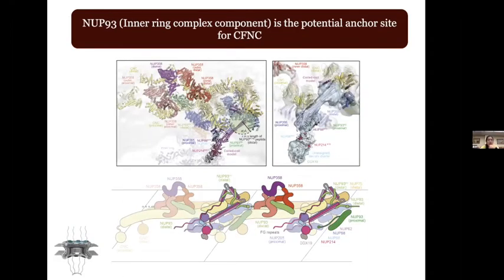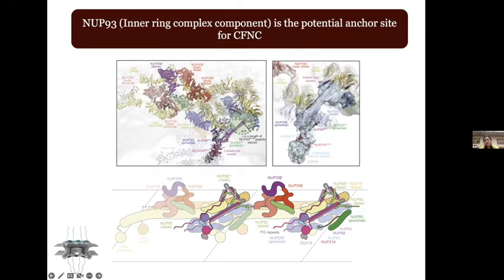With this docking, we found a very key point: this coiled-coil region is quite close to NUP96 and NUP93, which are inner ring complex components. Considering this position, there is an N-terminal region on this side and a C-terminal on the other.